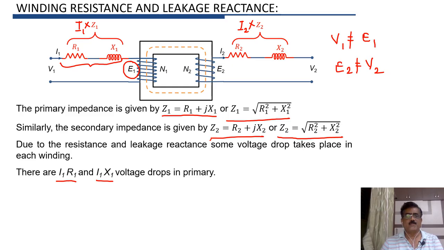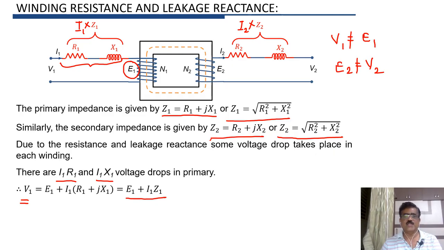So E1 plus I1 Z1 must be equal to V1, and Z1 is R1 plus jX1, and therefore V1 is equal to E1 plus I1 into bracket R1 plus jX1.